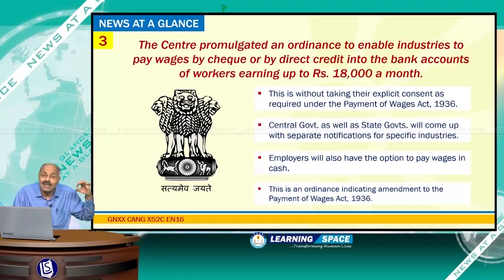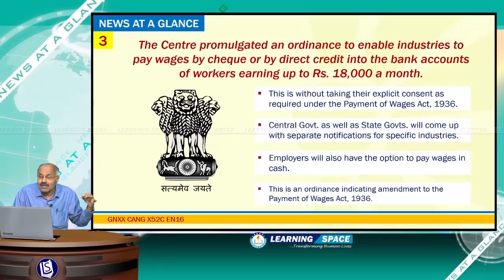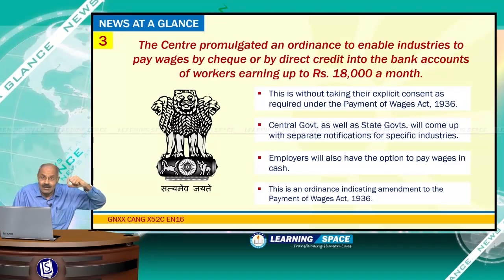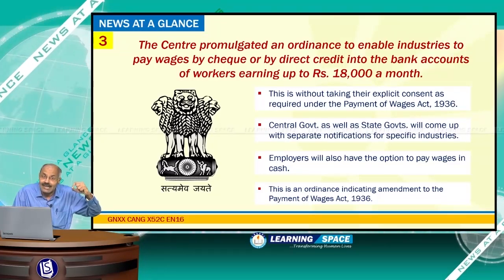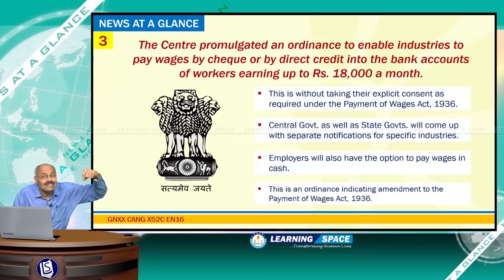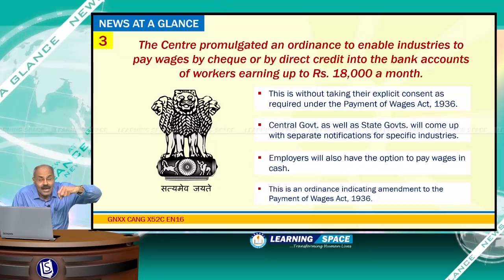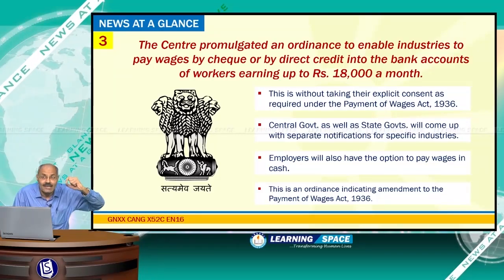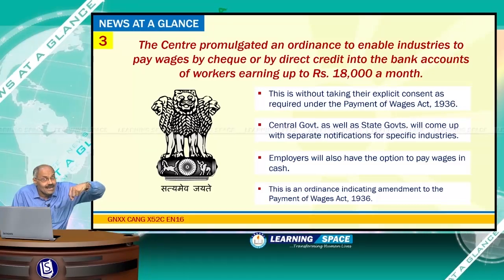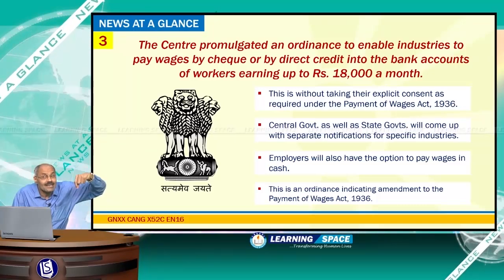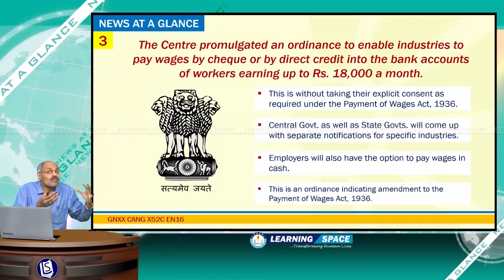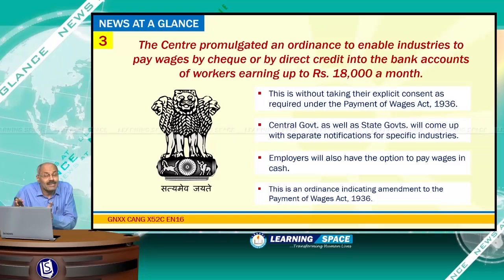The Center promulgated an ordinance with regard to the Payment of Wages Act of 1936. As per the Payment of Wages Act 1936, employees' consent is required to make payments either by check or by direct credit into the bank accounts of workers. Now this was removed with the issue of the ordinance.